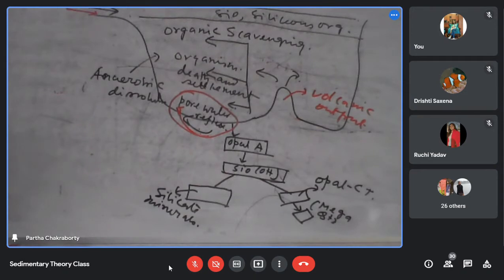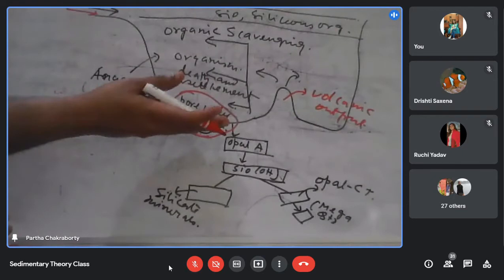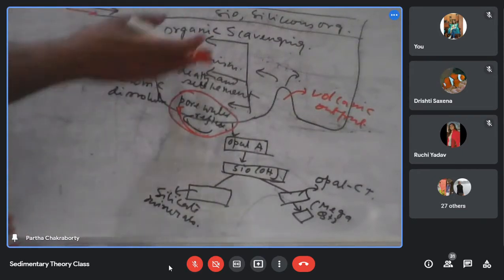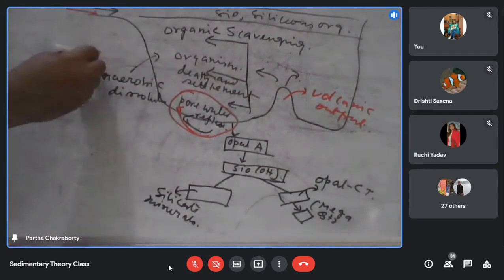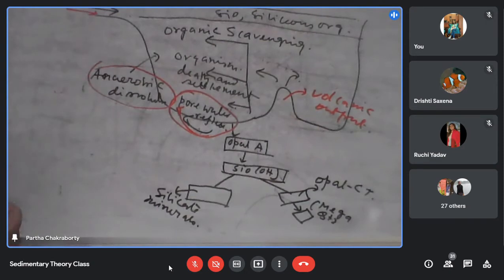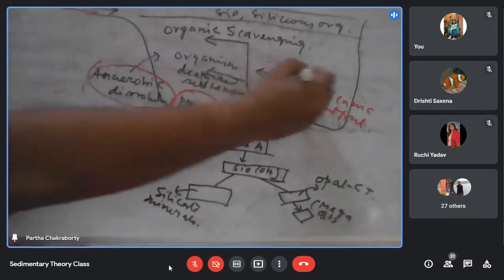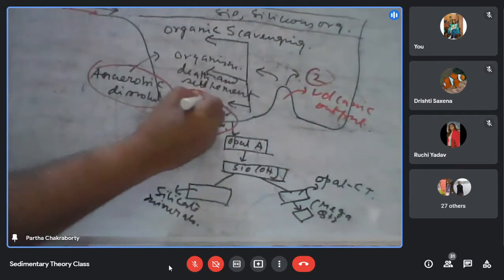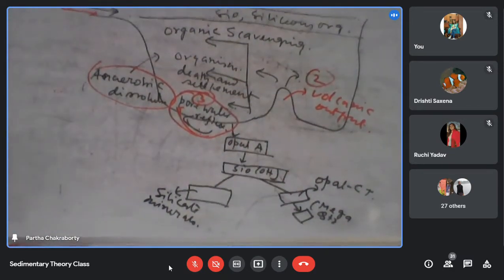When it refluxes, going back to the basin, it also supplies some silica. Sometimes anaerobic dissolution of siliceous clasts also supplies some, but their volume and contribution is very minimal. The major contributors are number one, continental weathering, number two, volcanic output, and number three, pore water reflux. These are the major contributors of silica in the basin.